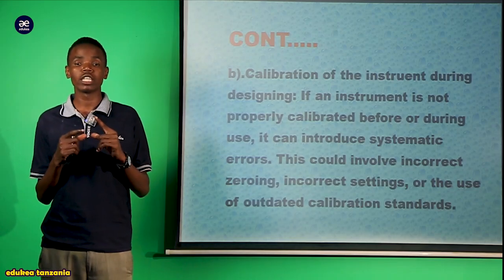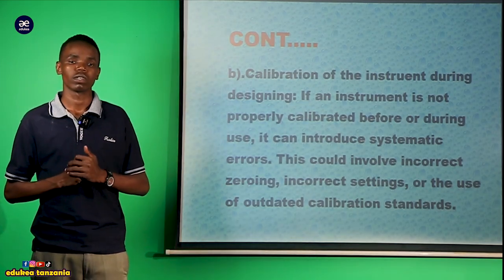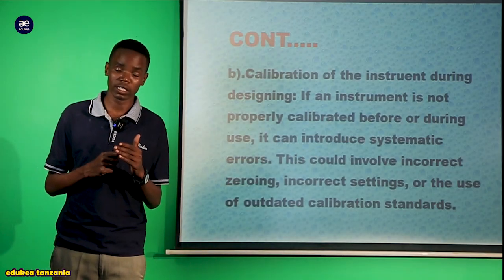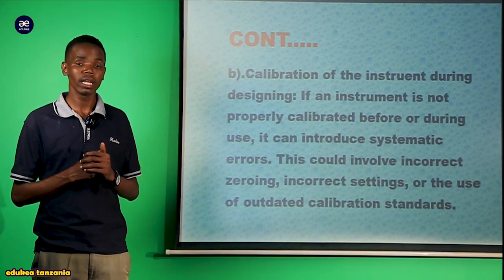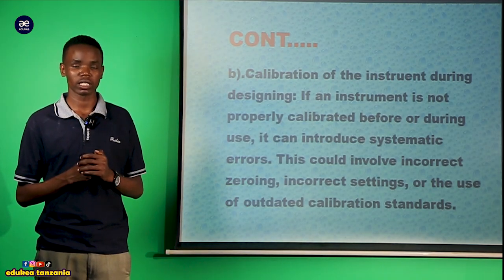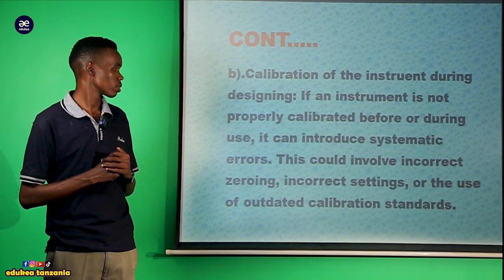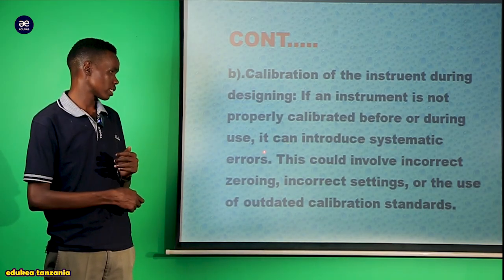Kwa tunatakiwa tuweze kuvihakikisha kwamba je, they are correct these instruments, so that we can minimize the errors instead of obtaining many systematic errors. We obtain few systematic errors. It can introduce systematic errors.